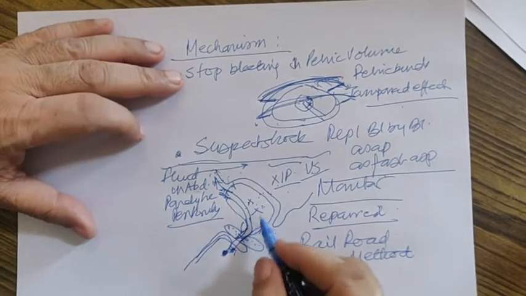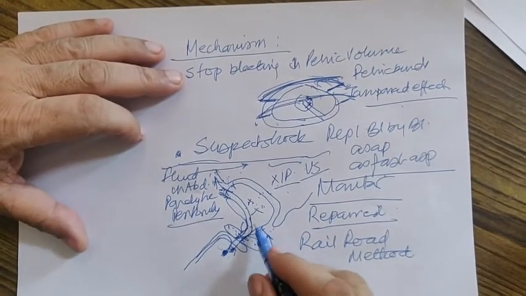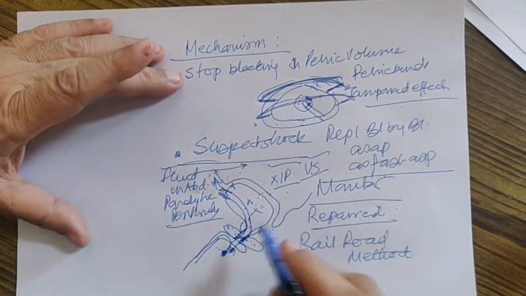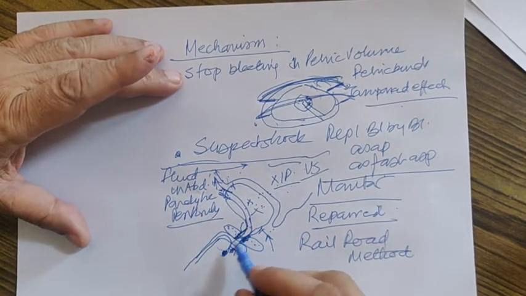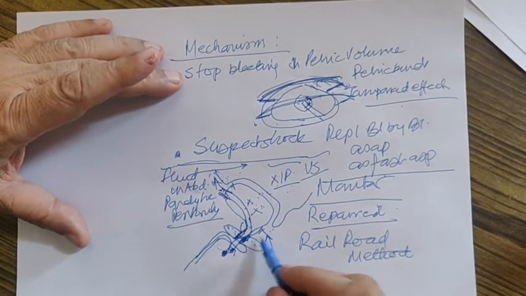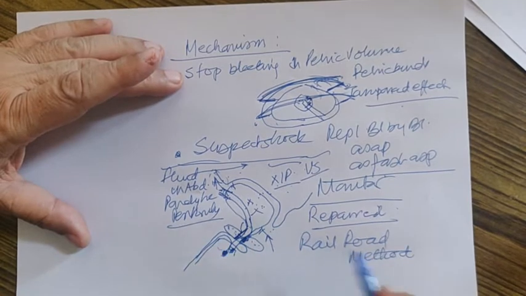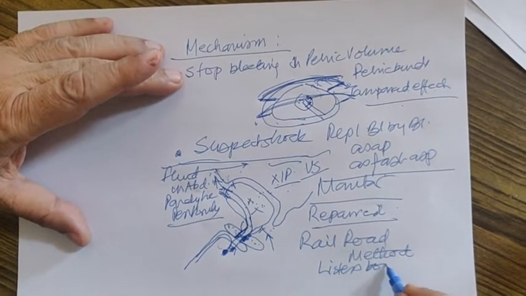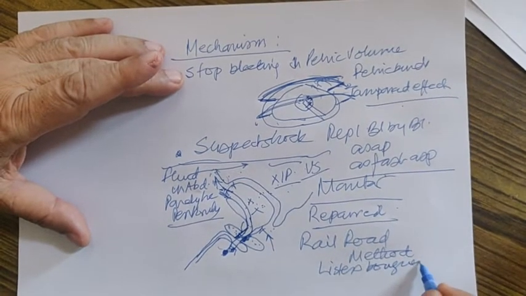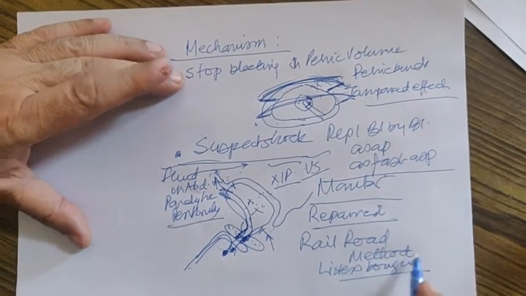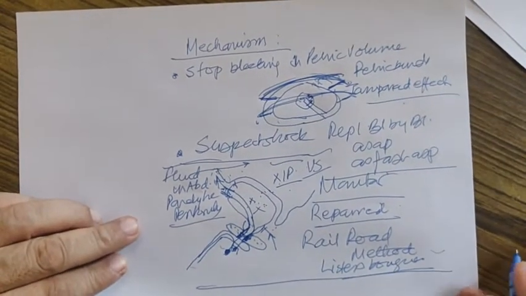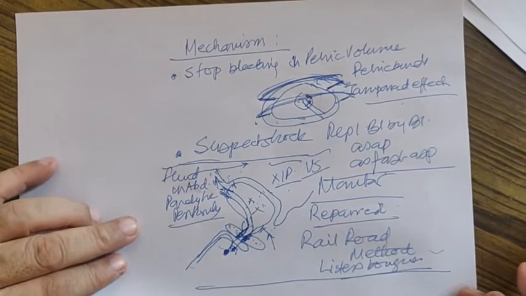Okay, and then around the catheter epithelium will develop and you will have a new membranous urethra, and there may be a stricture which you may have to dilate by repeated passage of Lister's bougie through the penile end. So this is the repair of the rupture of the membranous urethra of the bladder.